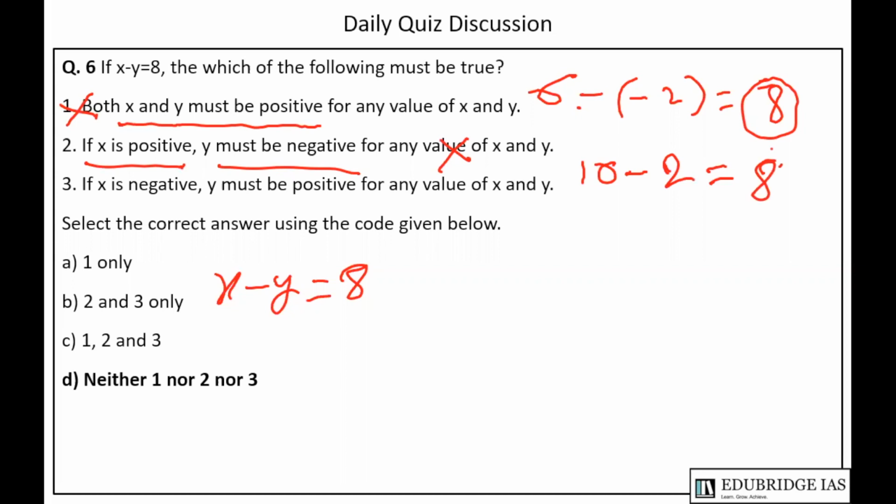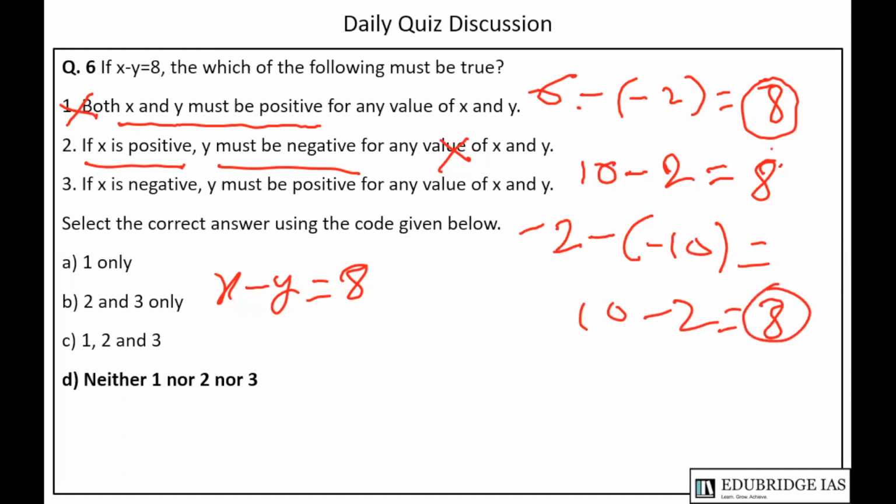Third statement: if x is negative, y must be positive for any value of x and y. No. Suppose x is -2 and y is -10, then 10 - 2 = 8. So in this case also the statement is wrong, so the answer will be D, neither 1 nor 2 nor 3.